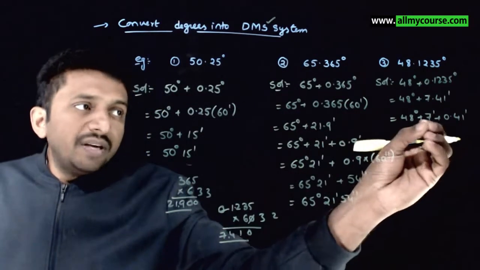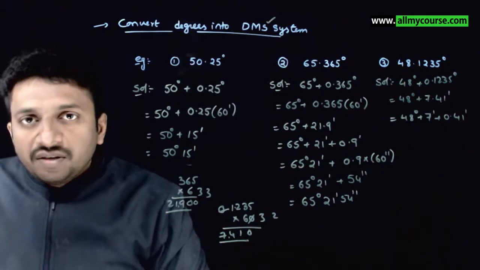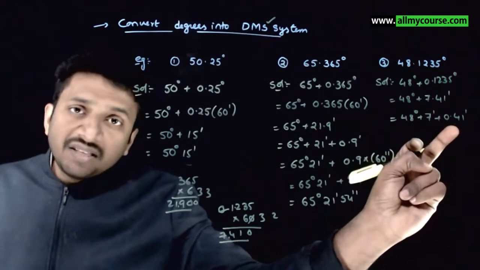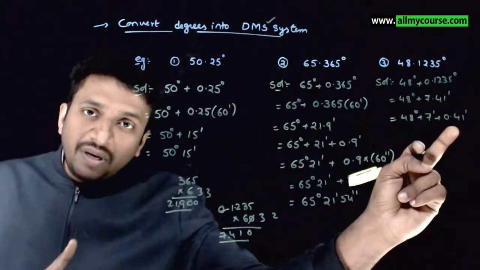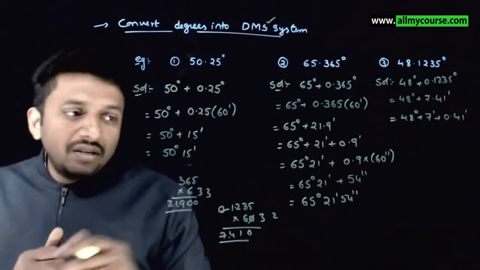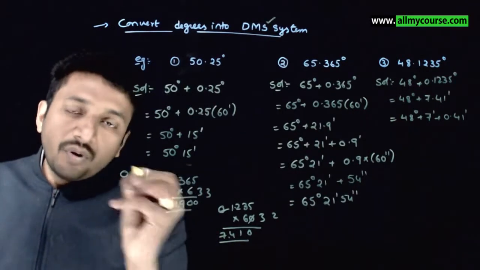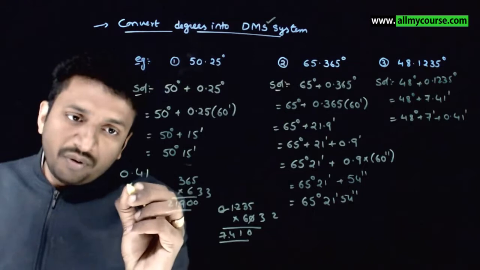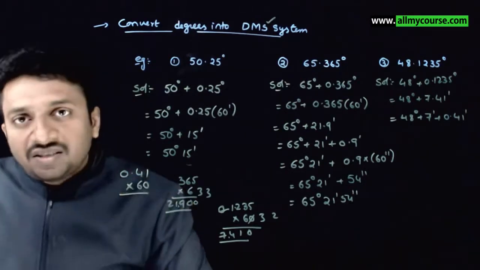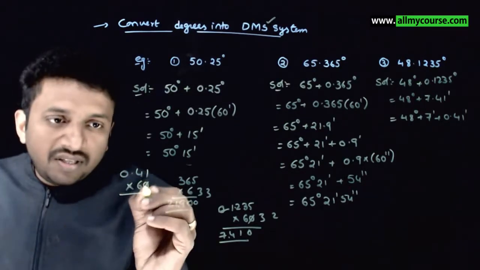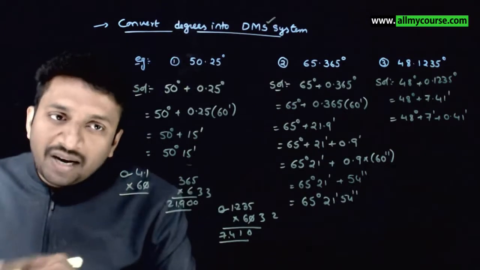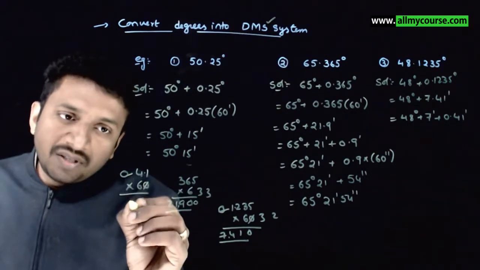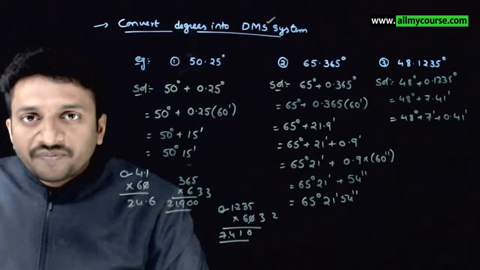So 7 complete minutes plus 0.41 minutes. Now 0.41 minutes is a fractional minute, and this can be converted into seconds. So 0.41 minutes is nothing but 0.41 times 60 seconds. Here you get 4.1 into 6, which is 24.6.